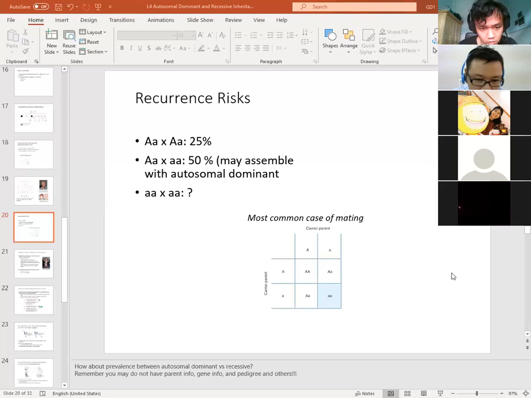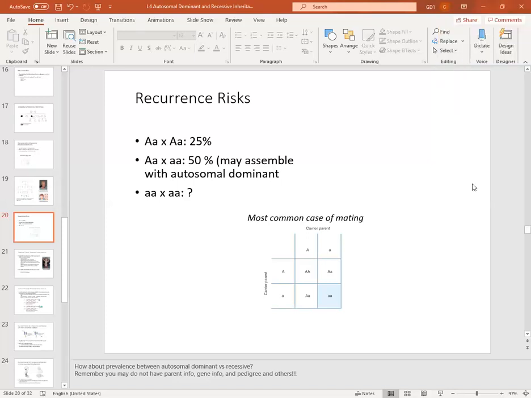And another one is, this is just a warning. Remember, this information may not be available to you, because for some diseases or phenotypes you don't have information. You have to identify whether it is dominant or recessive, in the sex chromosome or autosomal.